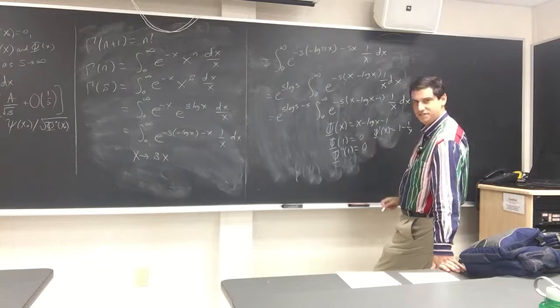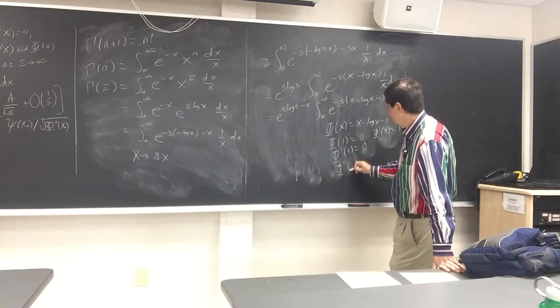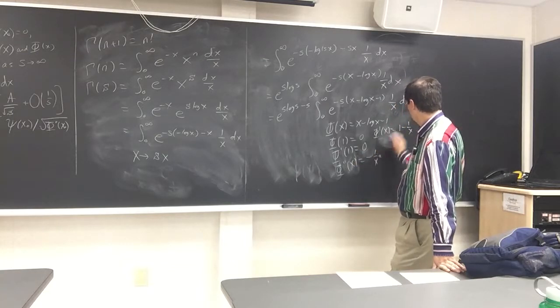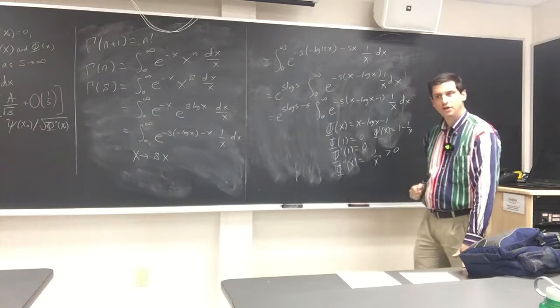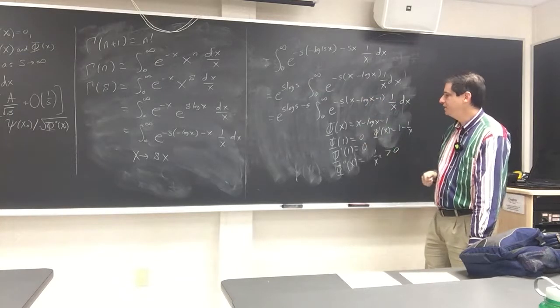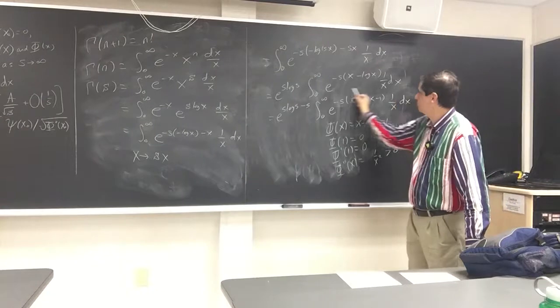Phi prime of 1 is 0. Phi double prime of x is negative 1 over x squared, when the negative becomes a positive, which is now going to be greater than 0. So all my conditions are satisfied. I just put in this negative 1 so that phi of 1 was 0. And now I can apply the theorem as to what this integral should be.